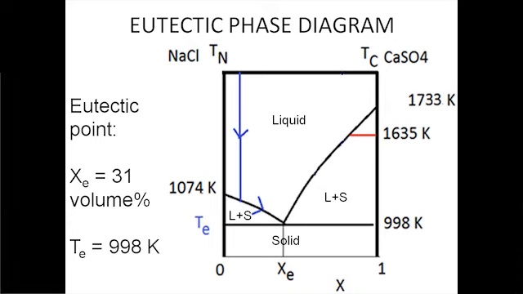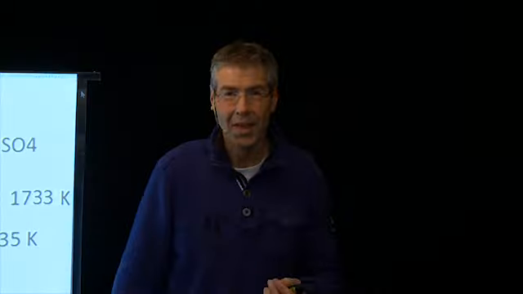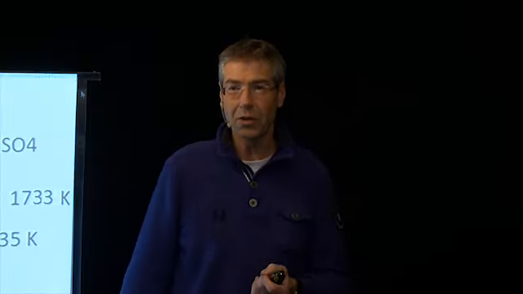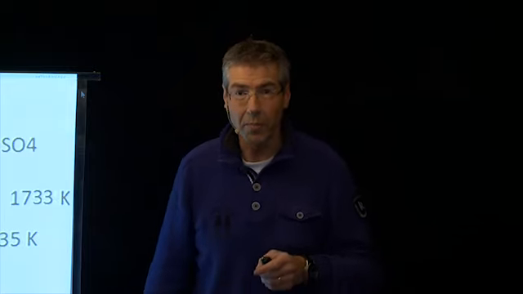That means that pure calcium sulfate and pure sodium chloride crystals will be formed. And that is just what we saw in the core samples of the formation. Pure sodium chloride in the upper part and pure calcium sulfate in the lower part. So the details of the formation confirm a primary igneous origin as well.